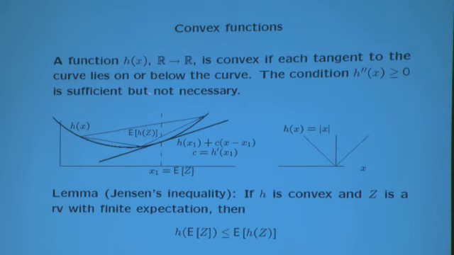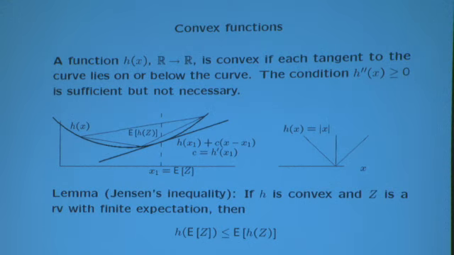So for all of those probability measures where the expected value lies on this line, what you get is something between this and this as the expected value of h of Z. So you get something above the line for the expected value.